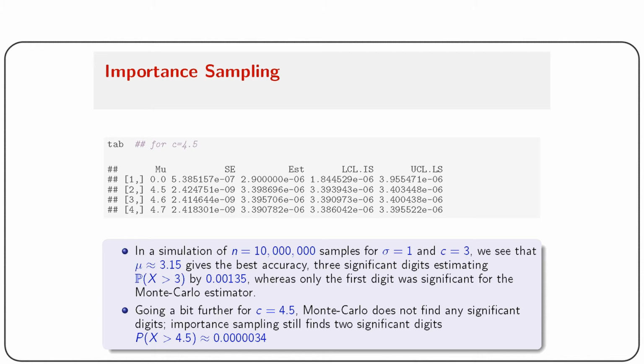Going a bit further, for c equals 4.5, the Monte Carlo estimator does not find any significant digits. Importance sampling still finds 2 significant digits. That is, the probability of X greater than 4.5 is approximately 0.5034.